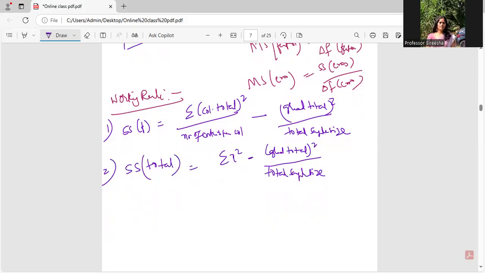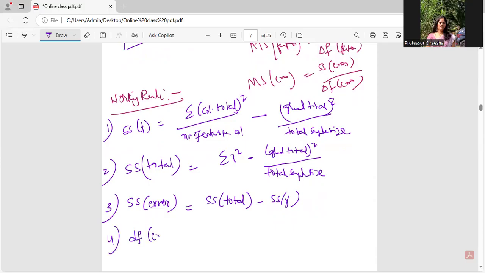Step 3 would be, now, how do I calculate SS error? It is just the difference, that's it. This is nothing but SS total, which will be the largest value, minus SS factor. That gives me SS error. Similarly, I'll be calculating DF error also. DF error is what?